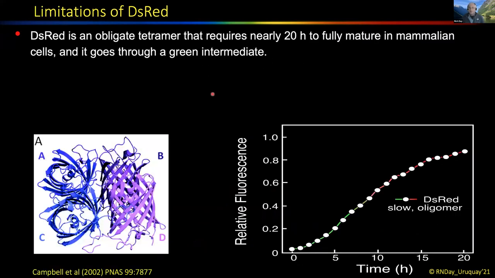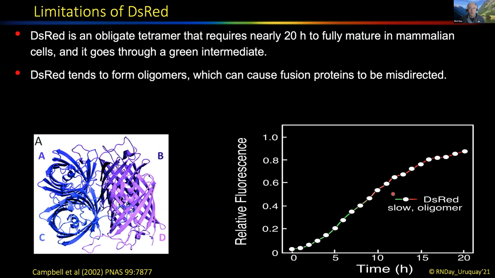However, there were some distinct problems with DsRed. As I mentioned, these FPs like to form higher order structures. And DsRed is an obligate tetramer that takes nearly 20 hours to fully mature in mammalian cells. And it also goes through a green intermediate as it's maturing. So this is a real problem if you want to use it in multispectral imaging.